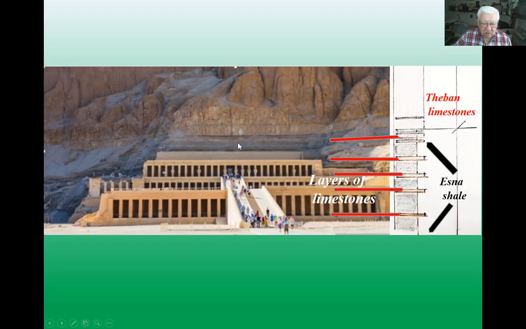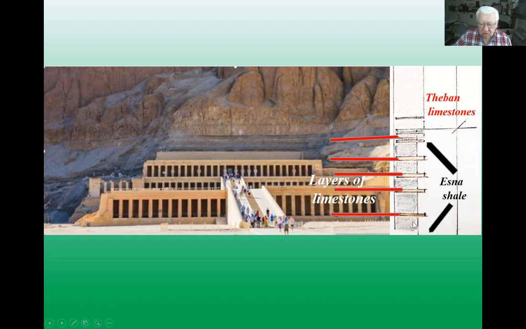Looking more closely at this situation, we have the upper part of Esna shales, this part, and as we see, the temple was built exactly at this part of upper Esna shales, and above Esna shales we have Theban limestone.